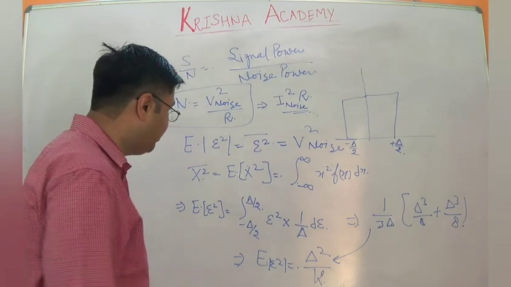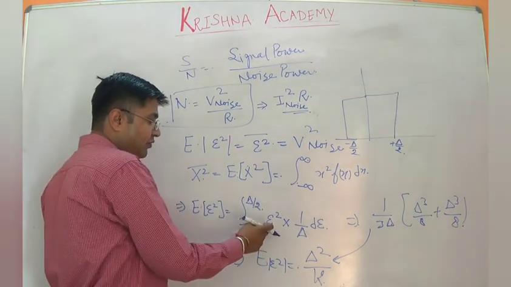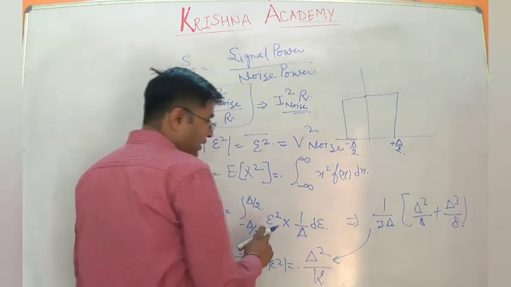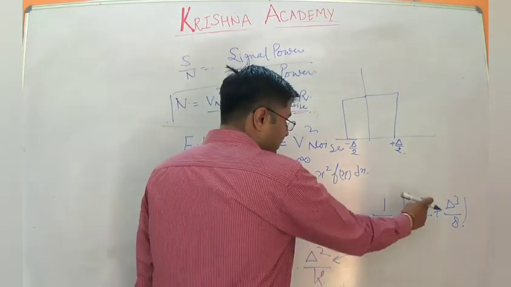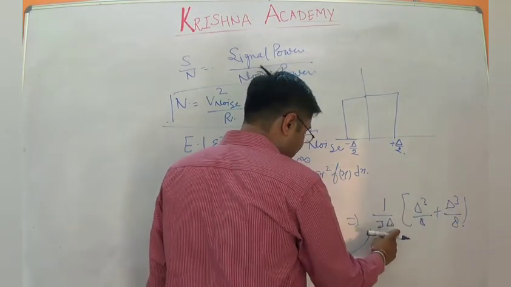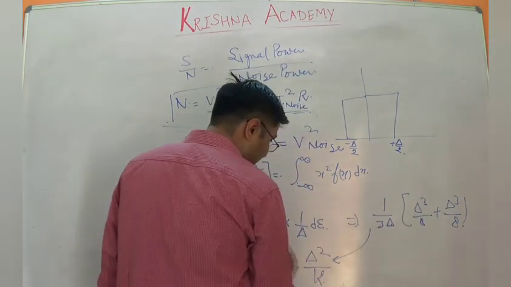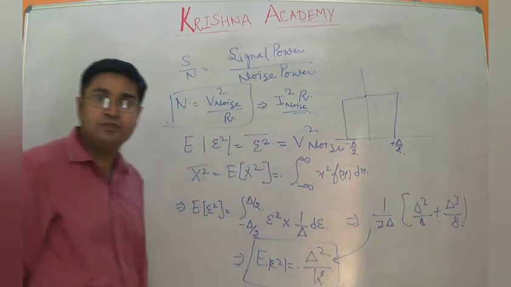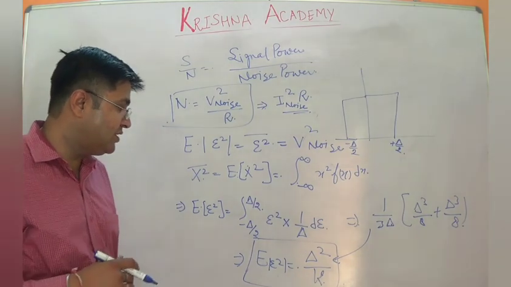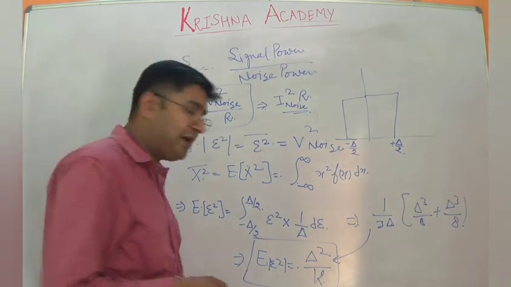Two values are provided over there, so in between that it will work. Again you put the value over there. So this will come as delta q by 8 plus delta q by 8 and 1 by 3 delta. Just solve the equation and you will get this part. So E square, the mean square of this value, is delta square divided by 12.